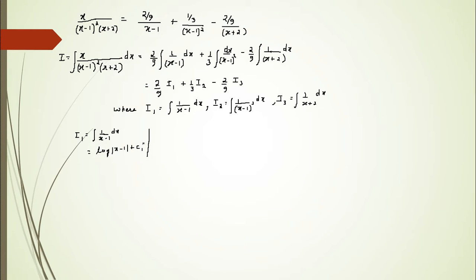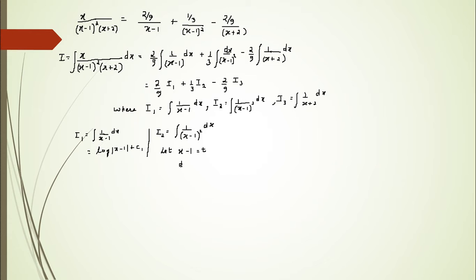Now I2 is equal to integral of 1 by x minus 1 whole square dx. Now here, as we have learnt earlier, let's take x minus 1 equal to t.